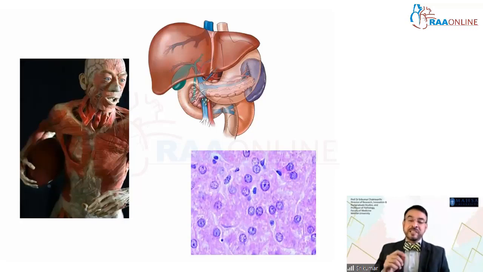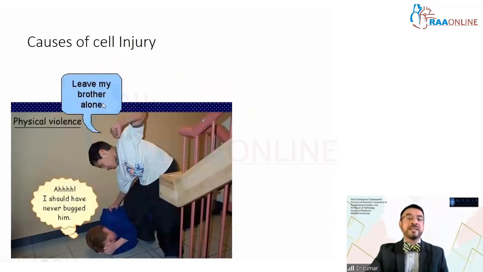So when anything happens to the cell that damages it, it leads to a disease. It leads to cell injury. It leads to cell death. Now, what is the extent to which a cell can control itself before getting damaged? There are numerous causes of cell injury. It could be anything as simple as a physical violence. Somebody gets hurt. Somebody experiences an injury.